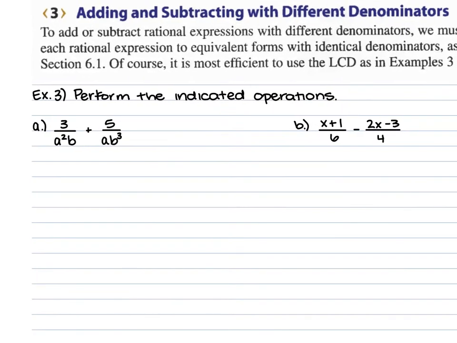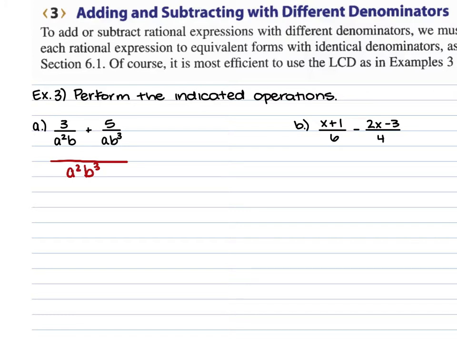So you have that a squared b and you have that ab cubed. You have an a in each. The highest power is the second. So that a squared is going to be part of your least common denominator. Then you have a b in both of these. The highest power with your b terms, you have 1 and 3, is 3. So that's going to be a squared b cubed. That's your least common denominator.